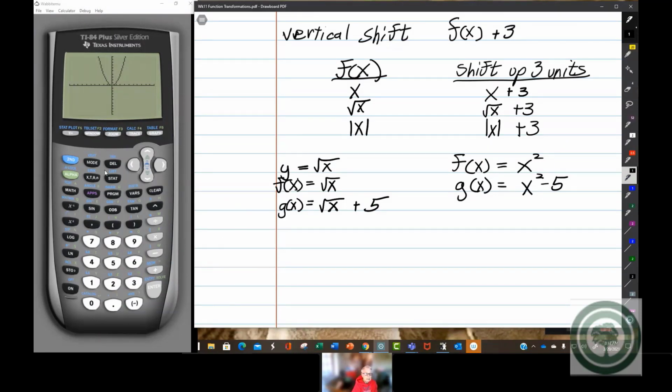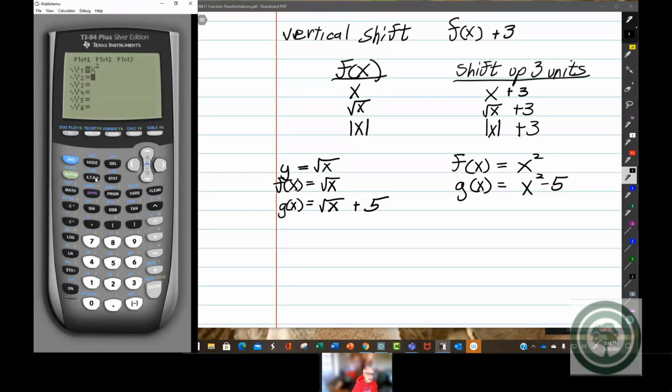Okay. So I come over here. No, I don't do that. I go there. I come down to Y2, and I'll type X squared minus 5. And then I hit graph. And there it is.